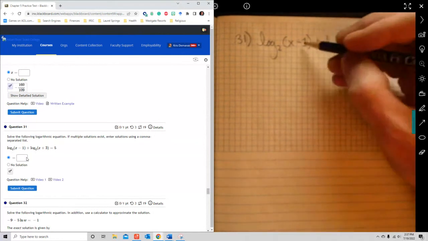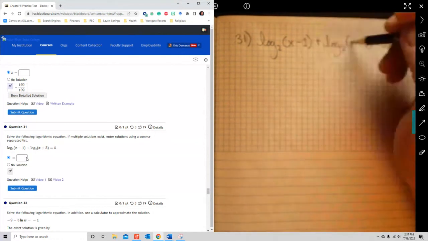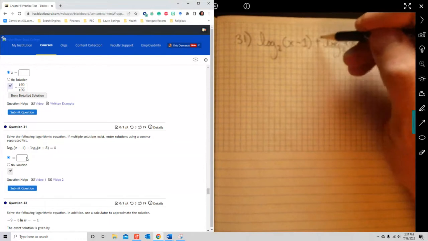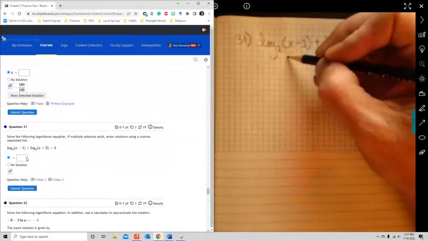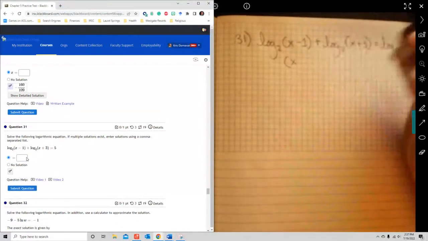So now that that happened, this is going to be where I multiply these together, because obviously it's plus, and I need to condense it. So it's going to be this.